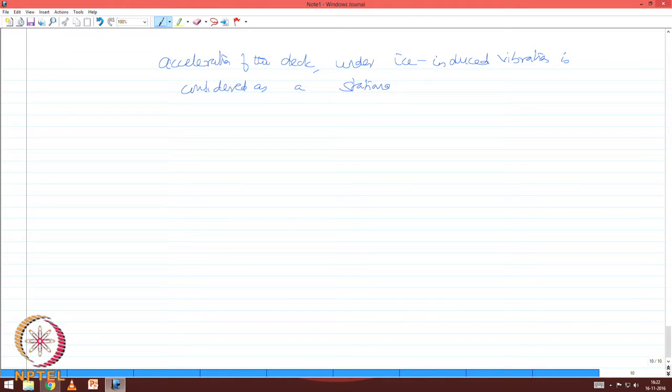Now, once you want to measure the acceleration of the deck, the acceleration of the deck under ice induced vibration is considered as a stationary process, Gaussian and narrow banded.